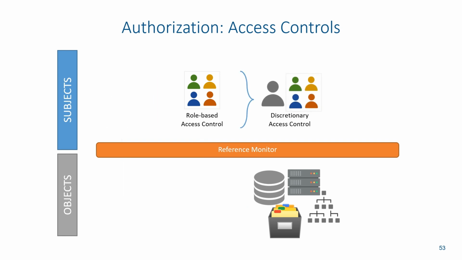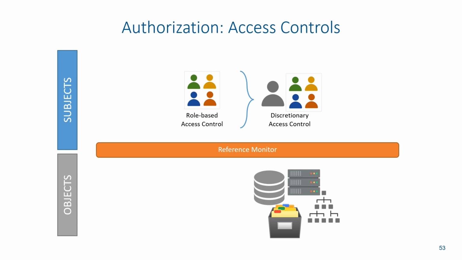But if we go to military and national security access control, we need to talk about two other types of access control. The first one is discretionary access control, which grants user and group permissions with zero knowledge of the object sensitivity. For example, it's just based on your identity.